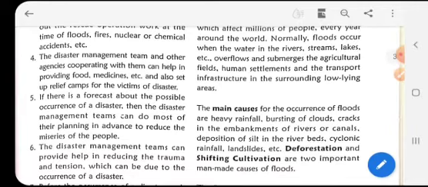So, this team helps in minimizing the loss. The main causes for the occurrence of floods are heavy rainfall, bursting of clouds, cracks in the embankments of rivers or canals, and these are often caused by cyclonic rainfall or landslides.